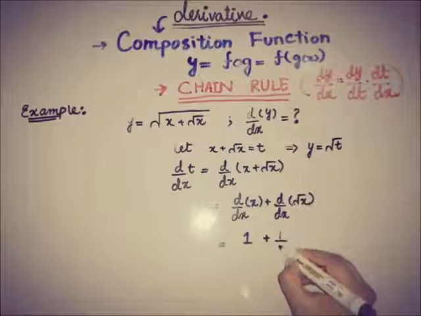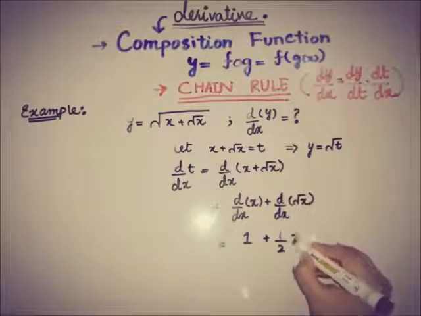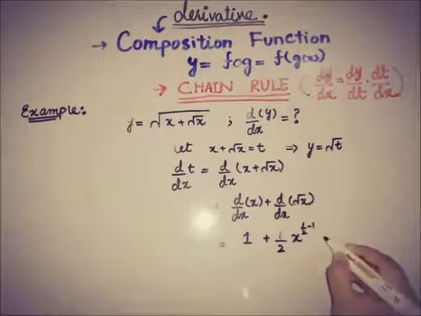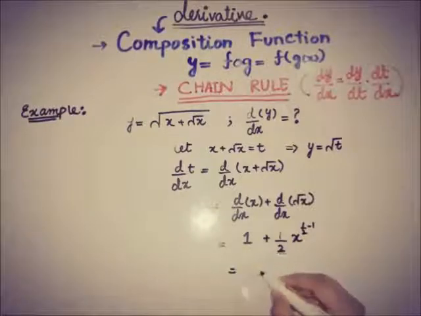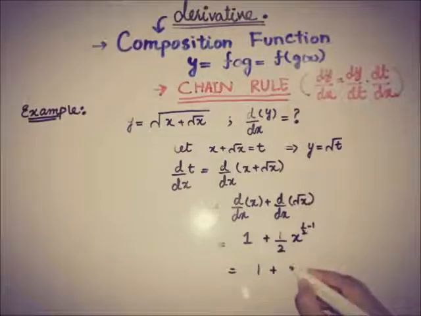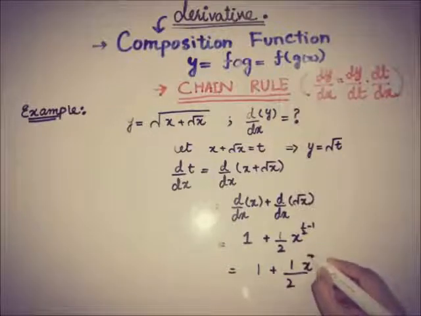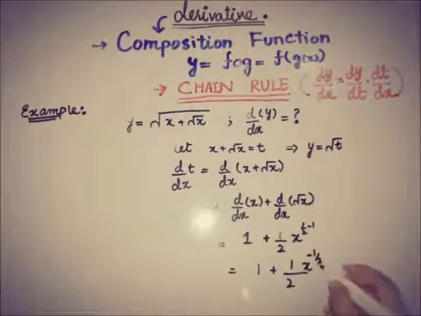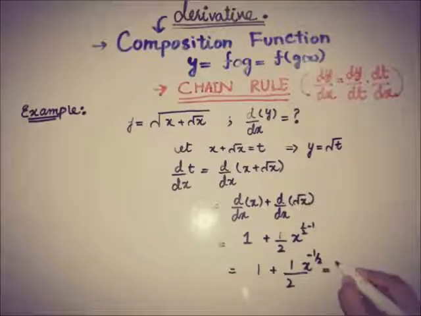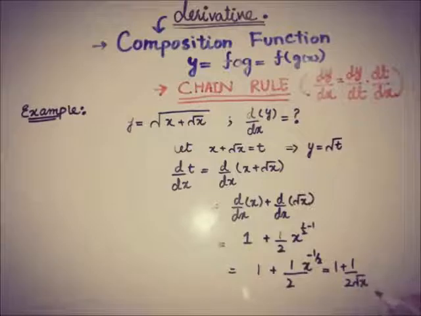So we can use the power rule. Power comes down, there is a decrease in the power, and we will get 1 plus 1 by 2 x to the power minus 1 by 2. We can also write it as 1 plus 1 by 2 x to the power 1 by 2, or under root x. So this is the rate of change of t with respect to x.